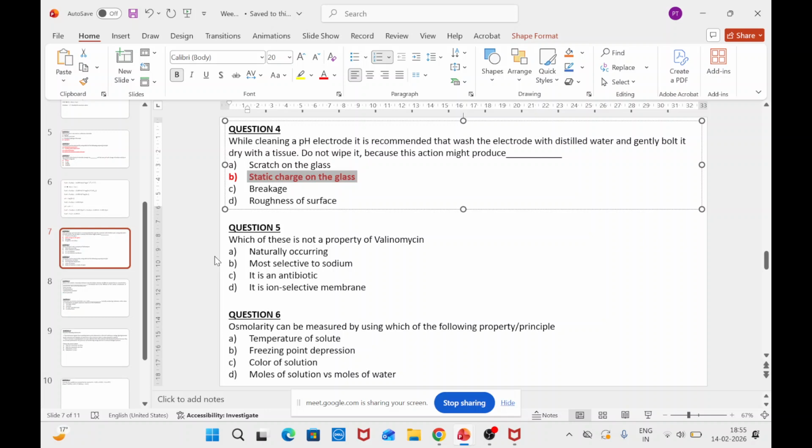So the answer, the statement that is not a property, is that it's most selective to sodium. That is wrong. Valinomycin, as we discussed, is most selective to potassium ions, K plus ions. Apart from that, yes, it's an antibiotic, it is naturally occurring, and it is an ion selective membrane, but the selectivity is towards K plus ions.